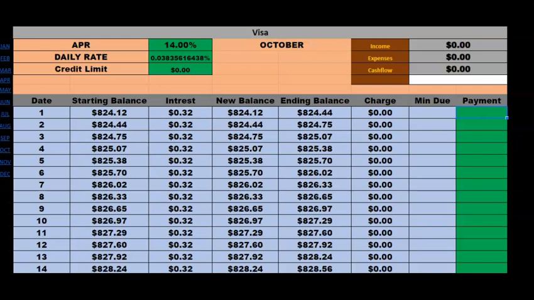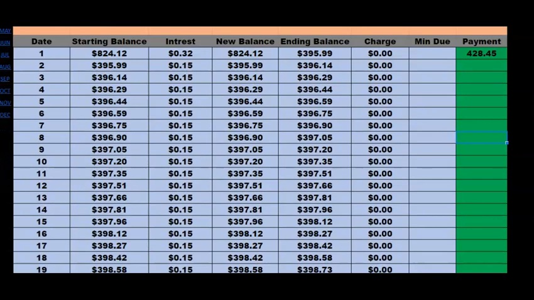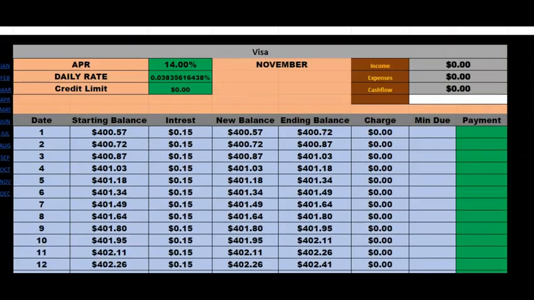We had $398.45 left over. So that $30 minimum payment plus the $398.45 will give us a payment here of $428.45. So in October, and our cash flow is $680.